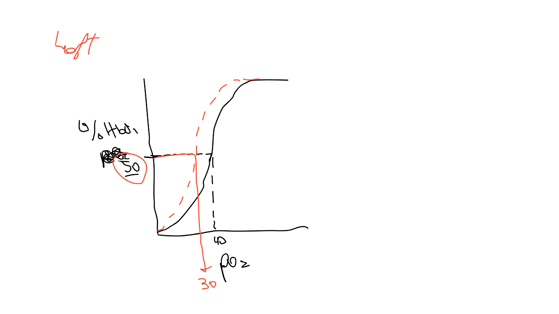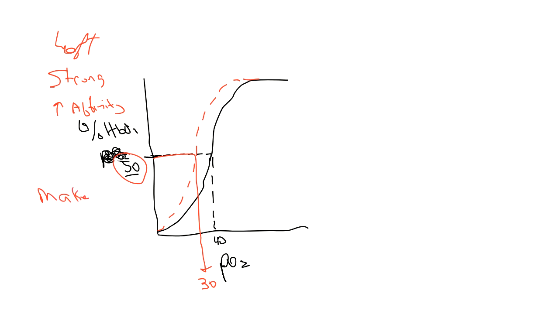So it's going to be like a strong magnet now. So remember, with a strong magnet, we have a high affinity. So in other words, if the curve moves to the left, hemoglobin's affinity goes up. And if the affinity goes up, it makes it easier to pick up oxygen.